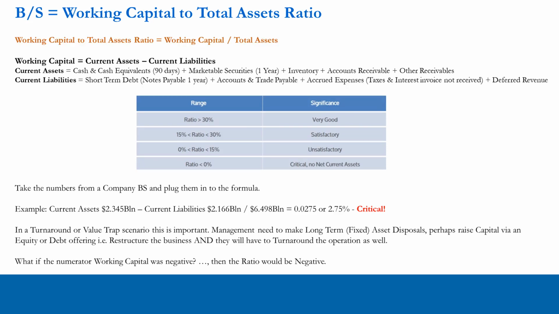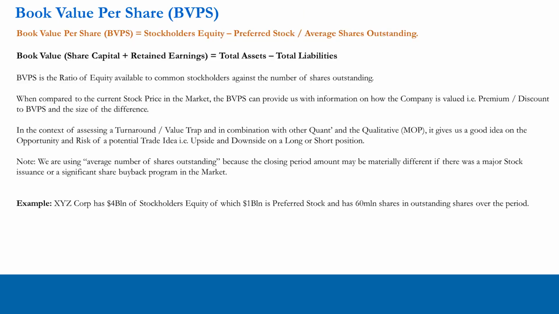Next up on the balance sheet, we can look at book value per share, or BVPS. So book value per share is stockholders' equity minus preferred stock divided by average shares outstanding. So book value per share is basically the ratio of equity that's available to common stockholders against the number of shares outstanding.